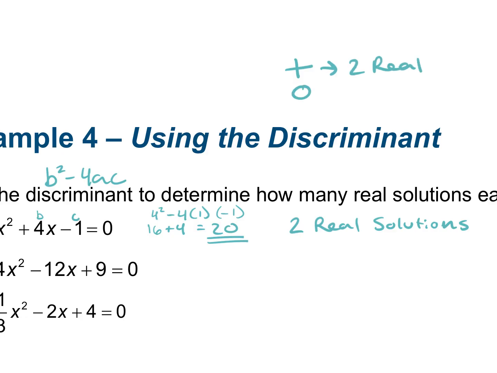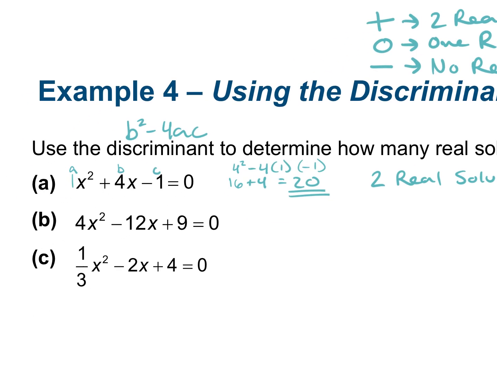If our discriminant is 0, we have 1 real solution. And if our discriminant is negative, we have no real solution. So the discriminant just tells us how many answers we're going to have. Let's do B.